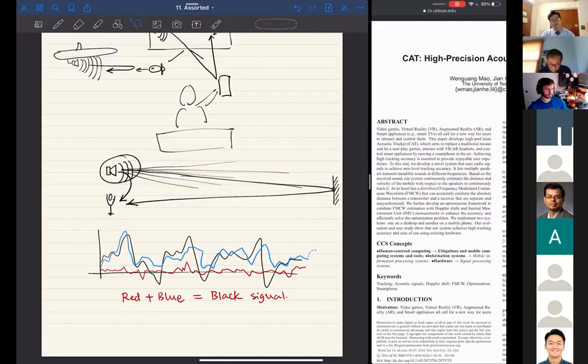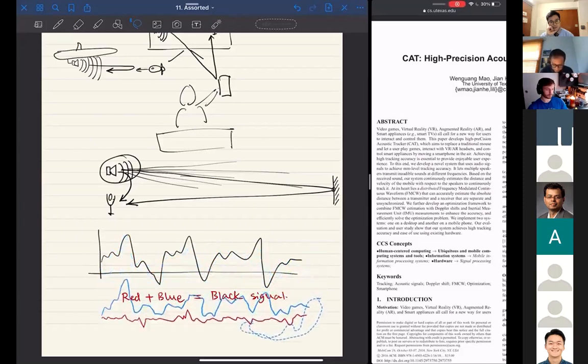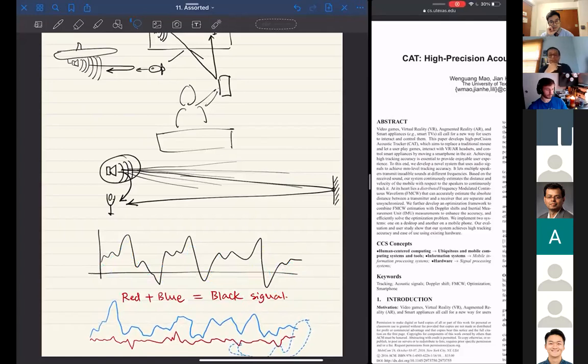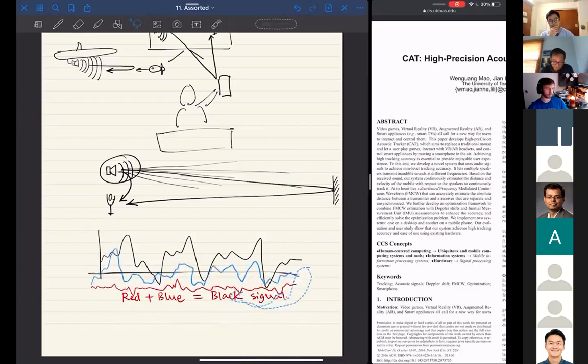The only thing that you observe is the black signal. And now I ask you, can you pull out the red signal? Because the black signal is made up of red and blue.